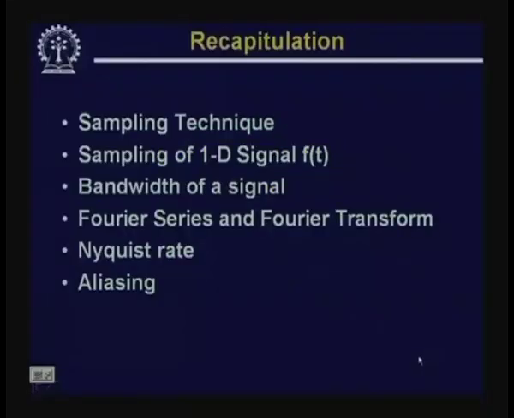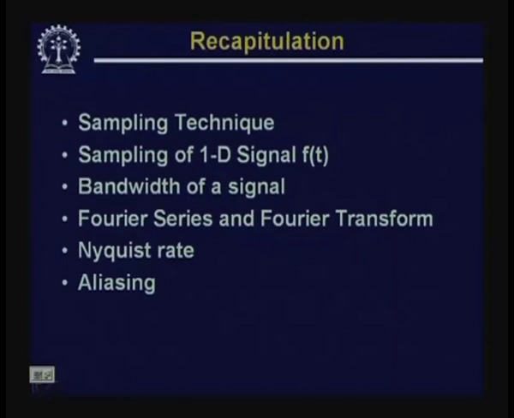In the last class, we have seen different sampling techniques, particularly the sampling of a one dimensional signal f(t), which is a function of a single variable t. We have also talked about what is meant by the bandwidth of a signal.